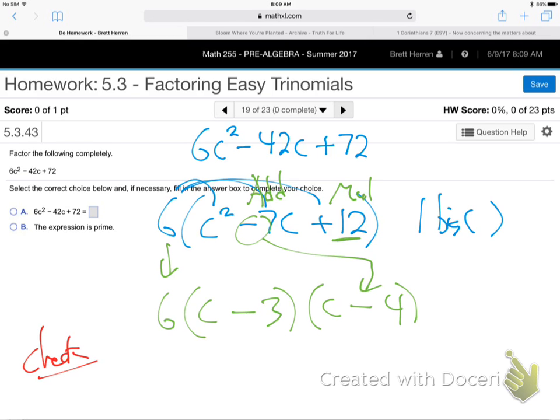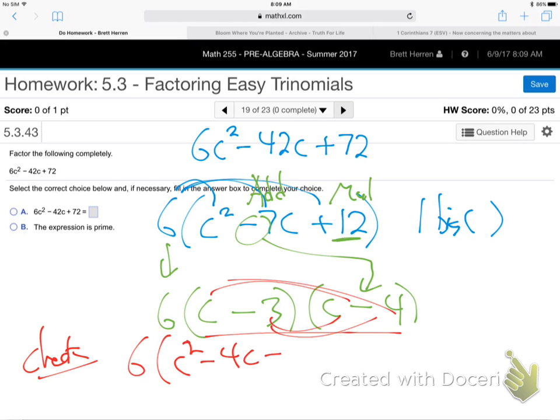You'd leave the 6, do the parentheses first, and just leave the 6 sitting here. You're totally right. C squared minus 4c, and then minus 3c plus 12, because -3 times -4 is plus. Okay, and then gather like terms. These two would make minus 7c.